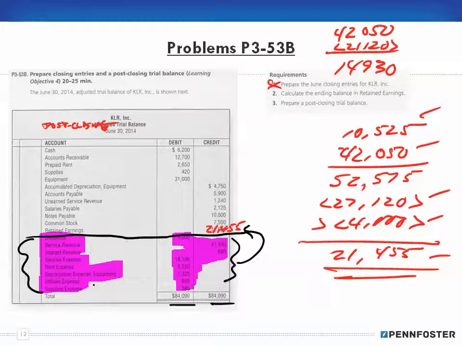I hope you got something from it, and we'll move on. These first 3 chapters were all about bookkeeping: getting the information on your books, making the journal entries, posting them to the general ledger accounts, making adjustments, creating an adjusted trial balance, then creating our financial statements, and making closing entries in order to create a post-closing trial balance, which becomes the beginning balance for our next accounting period.